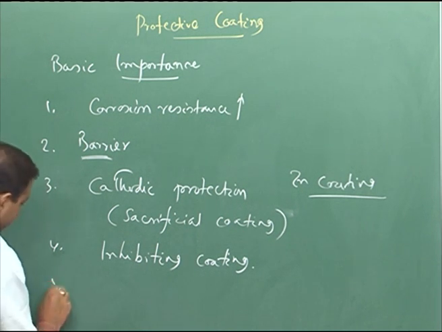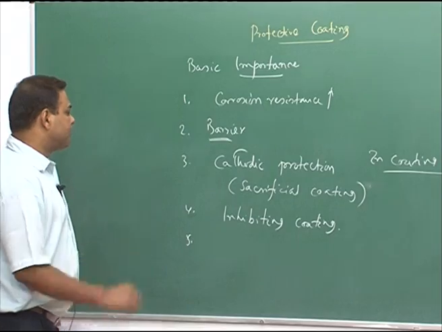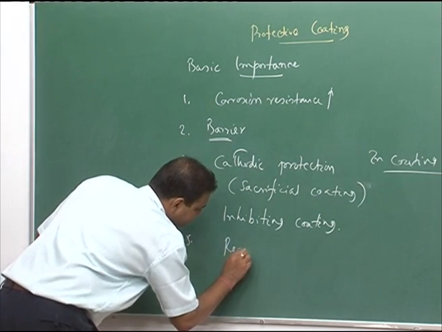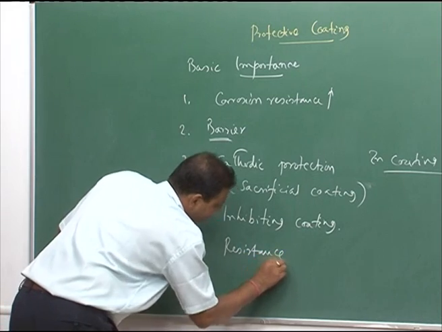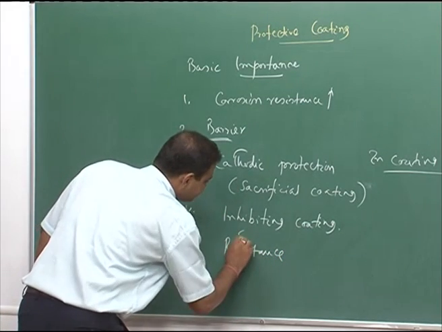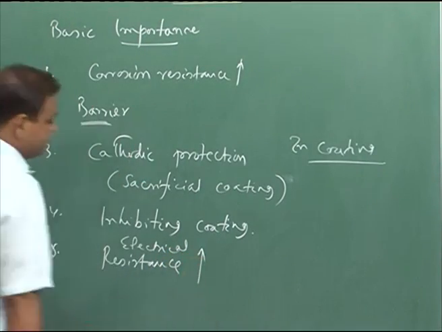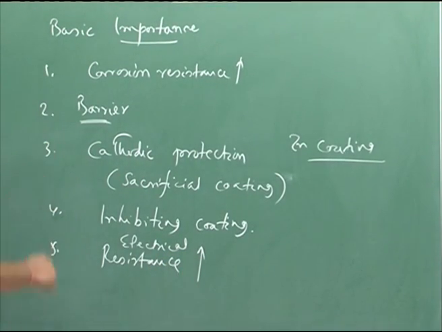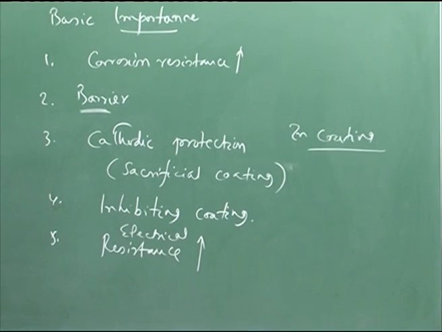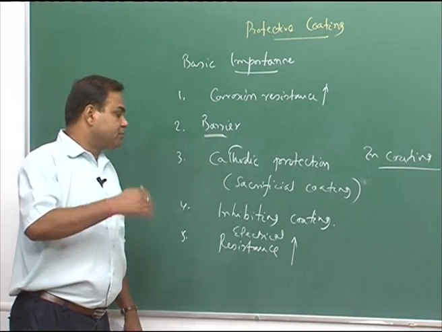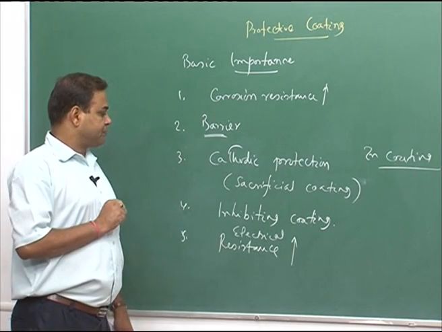Then in many cases they simply provide electrical resistance, which is mainly that the electrical resistance increases. If the electrical resistance increases, then for those anodic and cathodic reactions, the reaction process would go very slow.